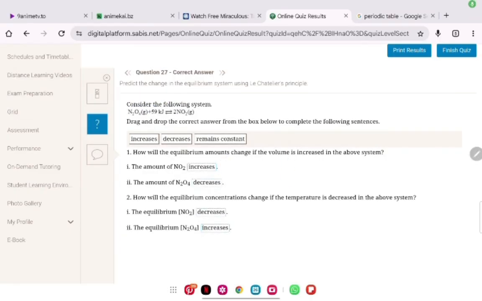Here again, if the volume is increased, the system will try to decrease the pressure, and if pressure is decreased, it will move to the side with more moles. So where's the side with more moles? Here there's 1. Here there's 2. It will move forward, so NO2 will increase and N2O4 will decrease.